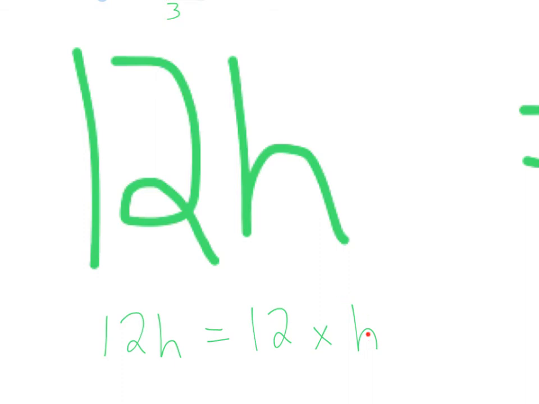I can use H to put any number I want in there, but whenever I don't know the number, I just use an H to hold its place. I don't need this multiplication sign because the number and the letter can just be connected. In math language, that's like a contraction, right? Instead of saying cannot, I can say can't. So instead of saying 12 times H, I just say 12H. It's the same thing, though. When a number and a letter are touching in math, you're multiplying.